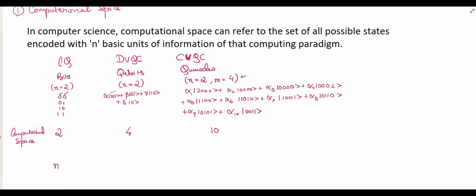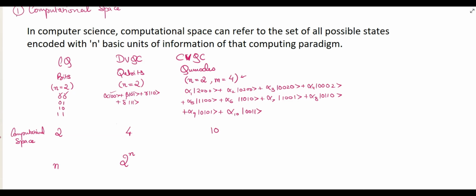If I have n bits, then there are n possible states which I can represent simultaneously with n bits. If I have n qubits, then I can encode 2 raised to n possible states simultaneously.